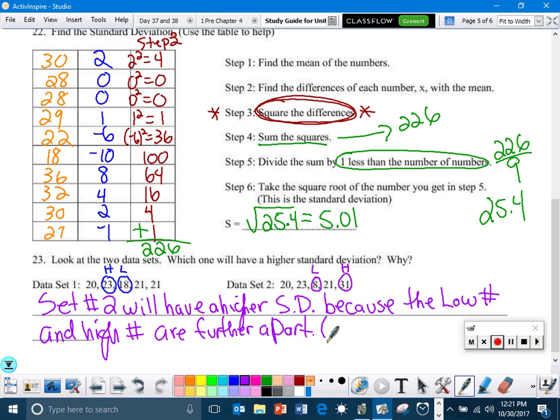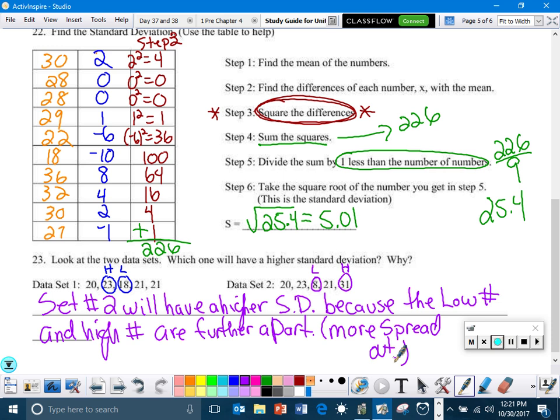Okay, they're more spread out. Another way to think about that is there is more variability. Okay, because we've used that term before. You do not need to use a calculator for that. You just have to look at the numbers.